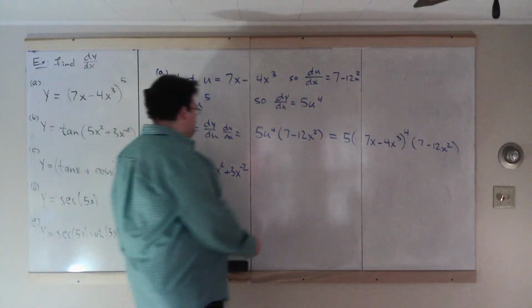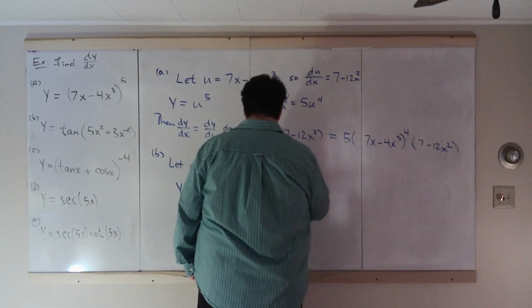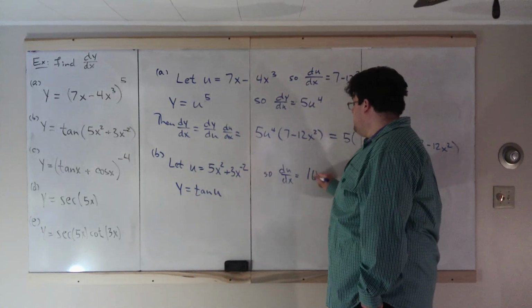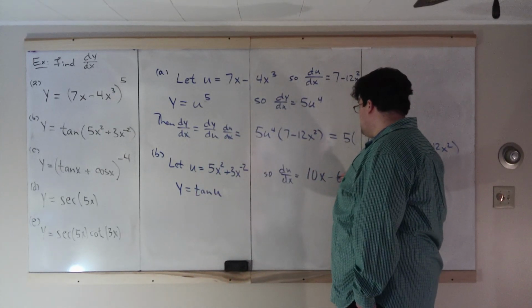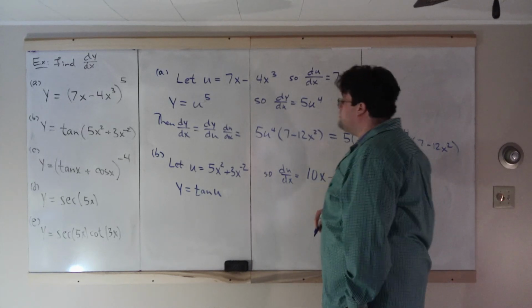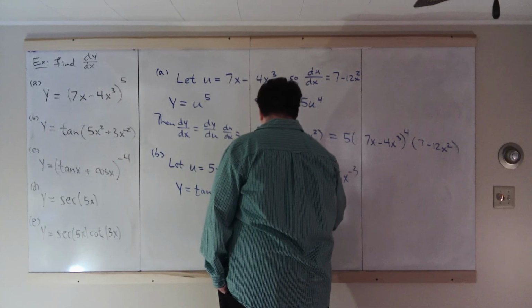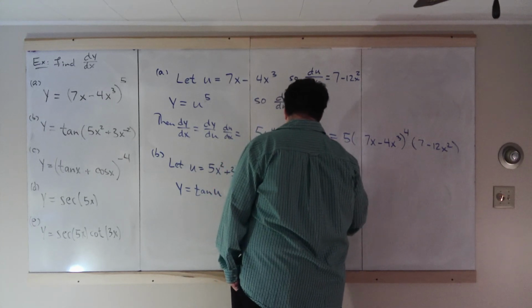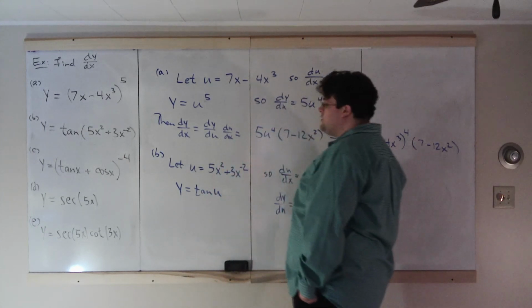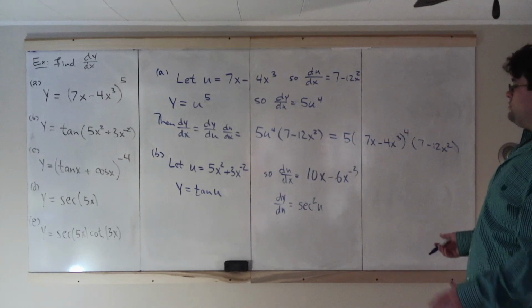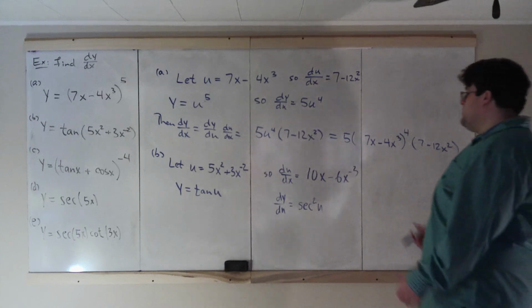So du/dx is what? 10x minus 6x to the negative 3, not negative 1. dy/du is secant squared of u. Well, now we just combine those two, multiply those two to get our answer and get rid of the u.